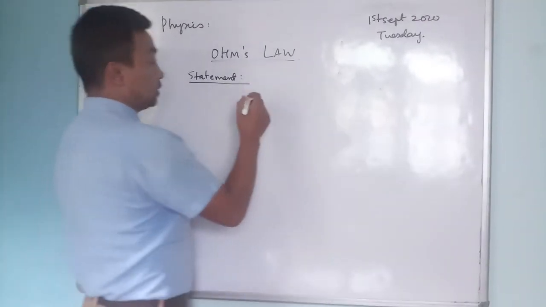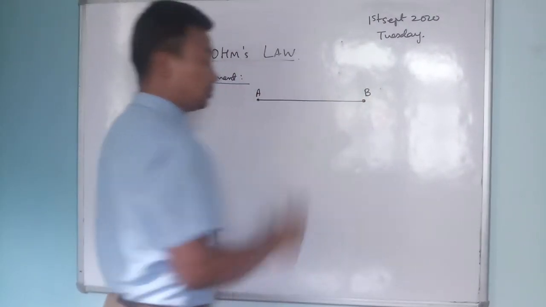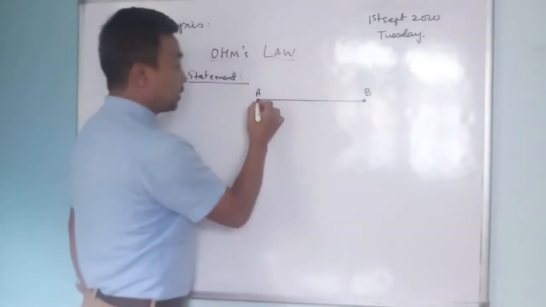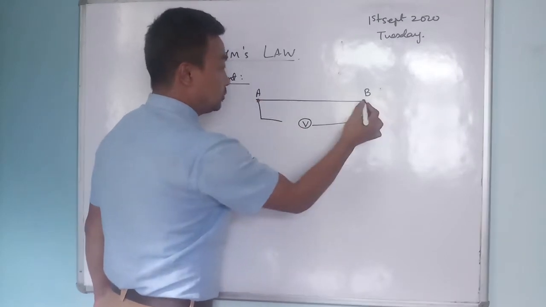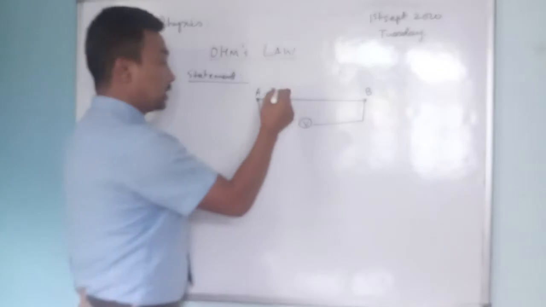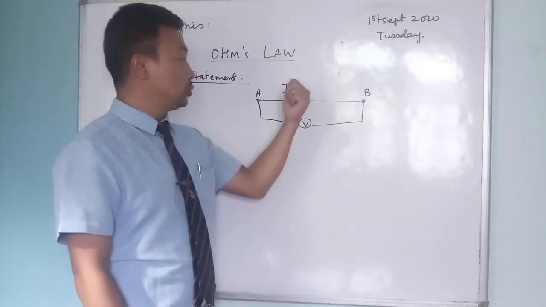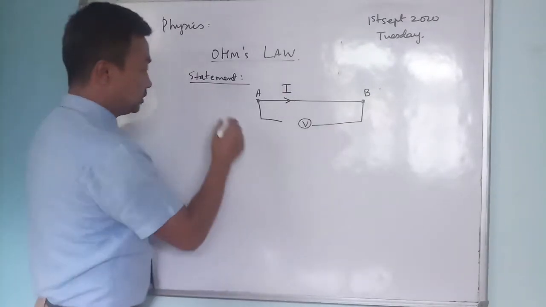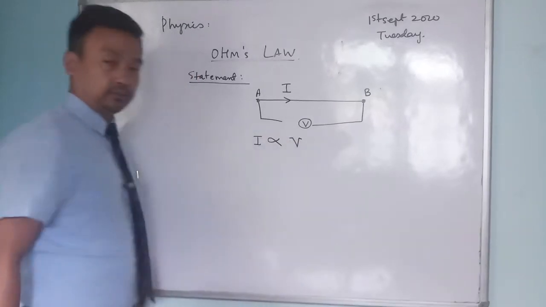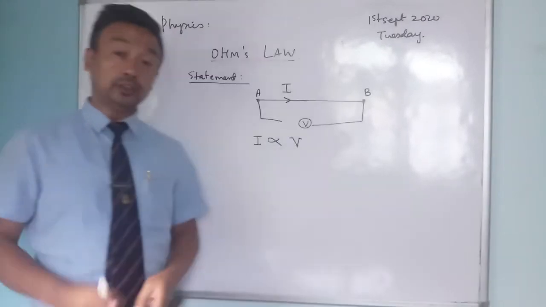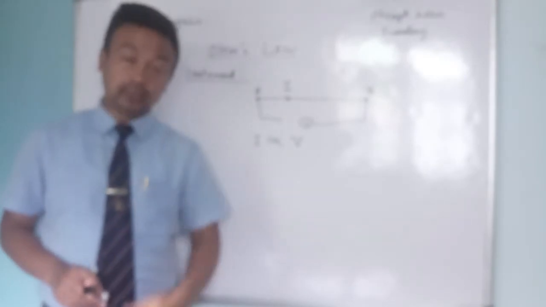Or we can also write it like this. Let us take AB as any conductor. Suppose V is the potential difference across the ends of the conductor, and the current I is flowing through the conductor from A to B. The relation obtained according to Ohm's law is that I is directly proportional to V. In physics, you have only two relations, either direct proportion or inverse proportion.